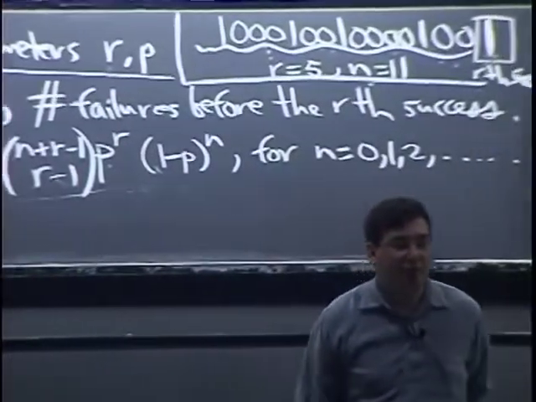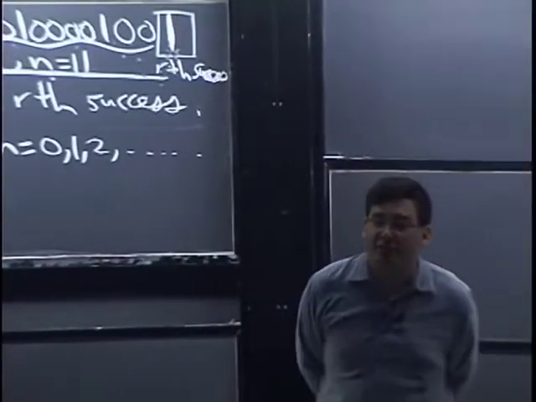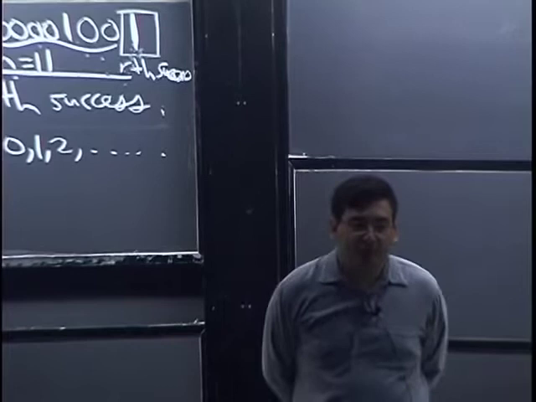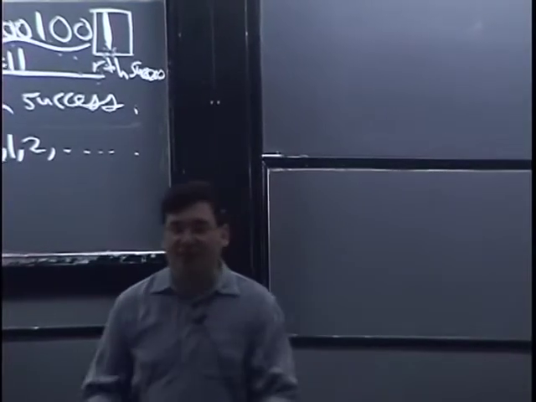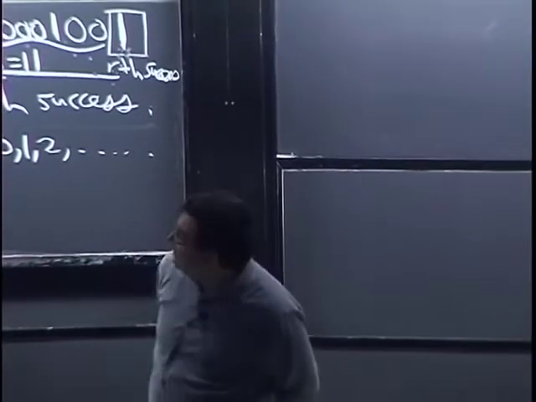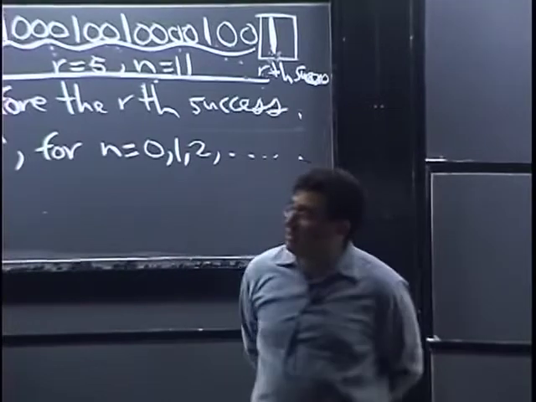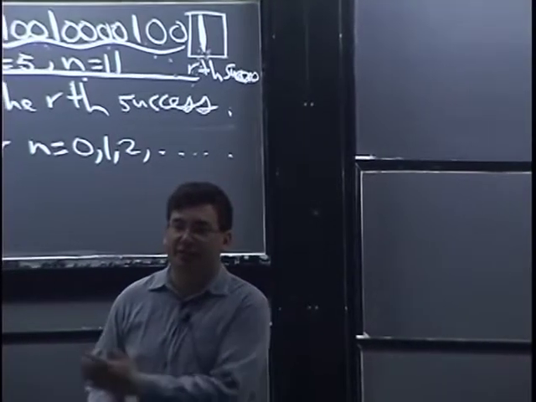So we are waiting and waiting until we have 2 successes. But a natural way to view that would be, first you wait for your first success, and then you wait for the second success. And in general, if you want to wait for r successes, you can think of that as first wait for the first success, then wait for the second and the third and the fourth.